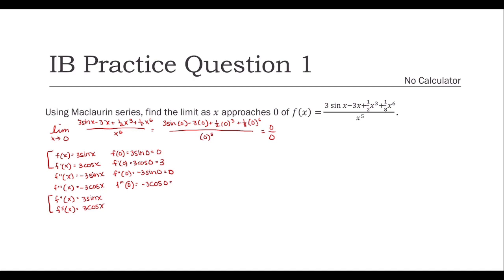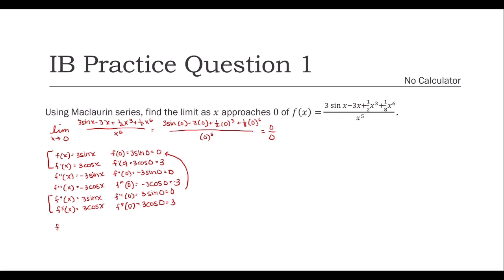Cosine of 0 is 1, so this is negative 3. Our fourth derivative evaluated at 0 is 3 sine of 0, which is 0. And then our fifth derivative, evaluated at 0, is 3 cosine of 0, which will give us 3.